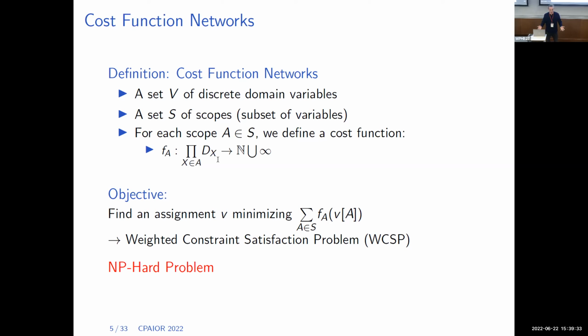The WCSP, the weighted constraint satisfaction problem, is to minimize the sum of all these cost functions. Of course, this problem is NP-hard, as it is a generalization of CSP. If all the cost functions only attribute 0 and plus infinity costs, then it is just like the hard constraints defined in the CSP.